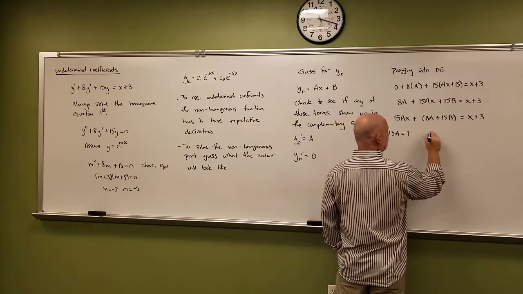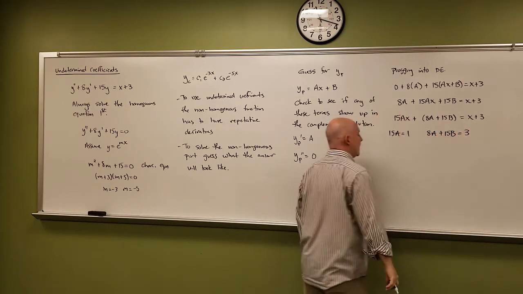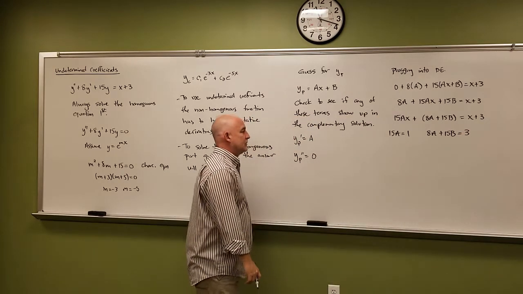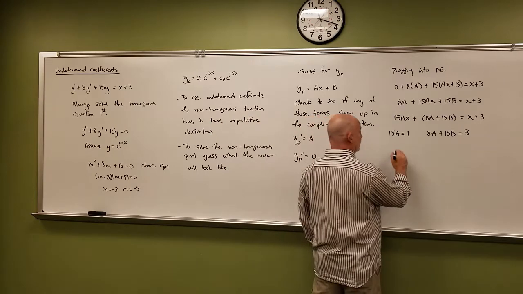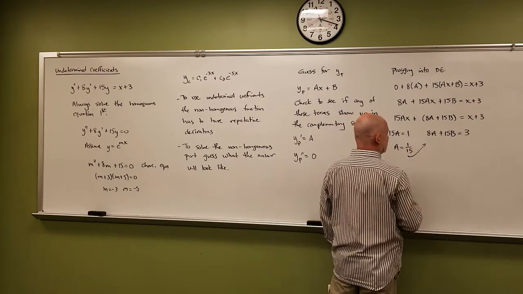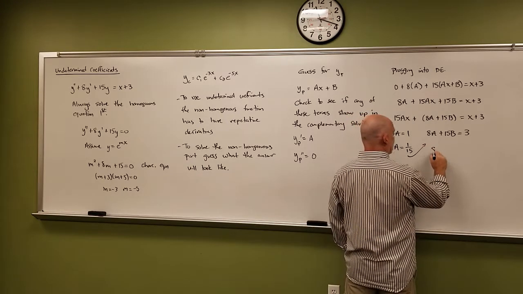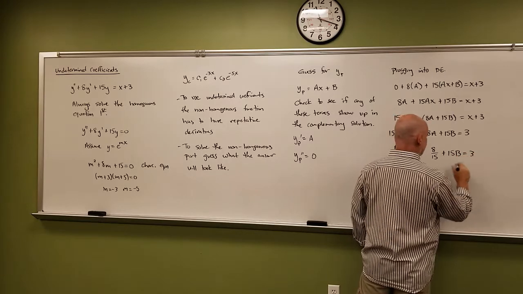And the constant on this side has to be equal to the constant on the other side. Okay, so easy enough. We can solve this system of equations. We get a is equal to 1/15. If I substitute that in over there, that's 8/15 plus 15b is equal to 3.